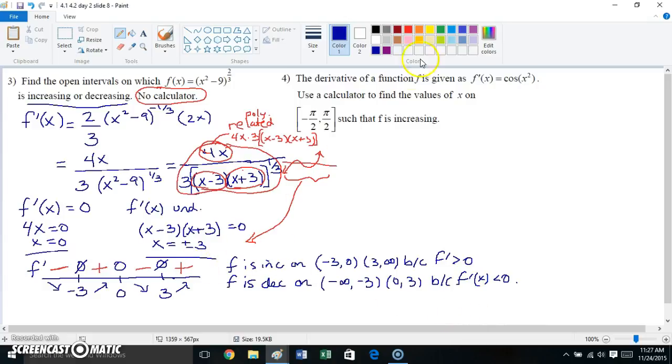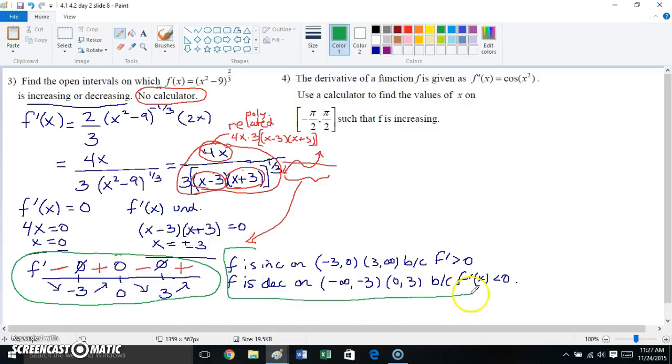Okay, so remember, the number line is a nice visual organization of your thought process, but the only thing that the AP is going to read is this here. Questions often ask you to justify your answer.